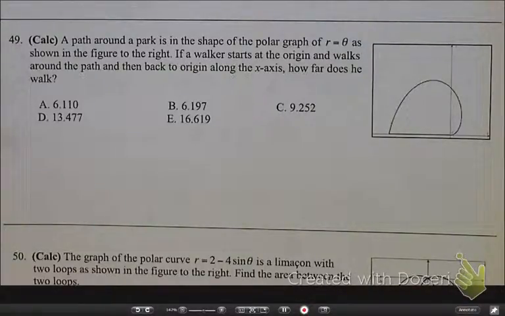On the test tomorrow, you can also use a calculator on this question because it's too difficult to do by hand. It says a path around a park is in the shape of a polar graph, r equals theta, as shown in the figure. If the walker starts at the origin and walks around the path, and then back to the origin along the x-axis, how far does he walk? Oh, actually, never mind. This is not the question I was looking for. Sorry. Let me find what I am looking for.